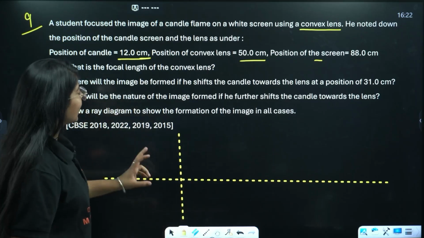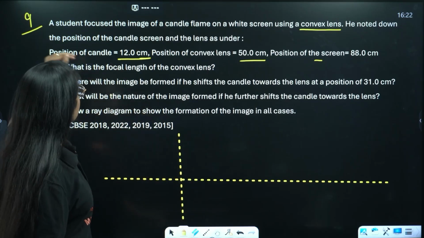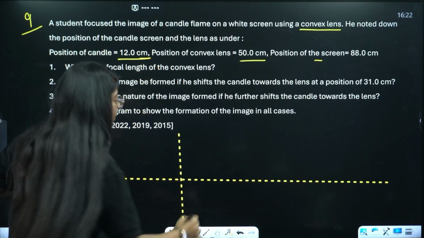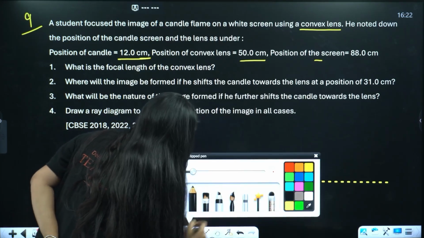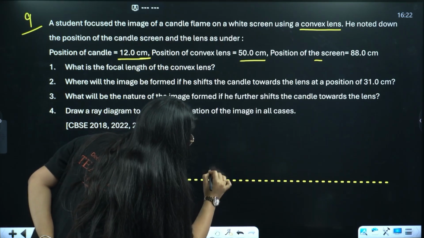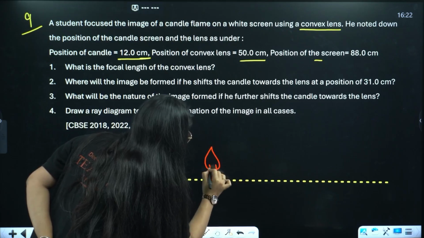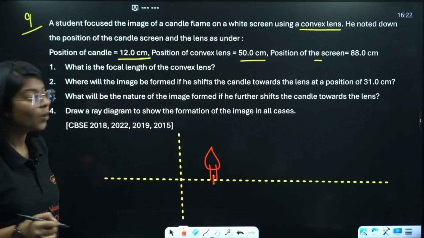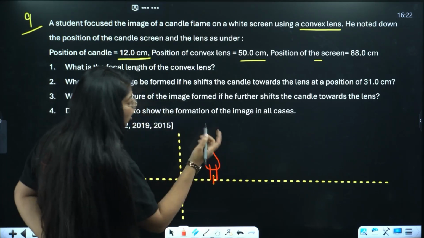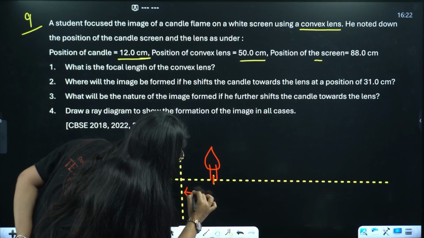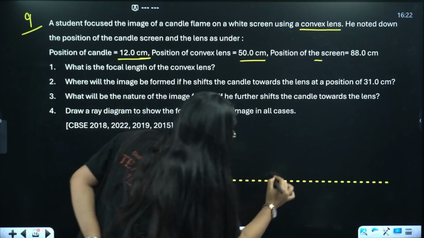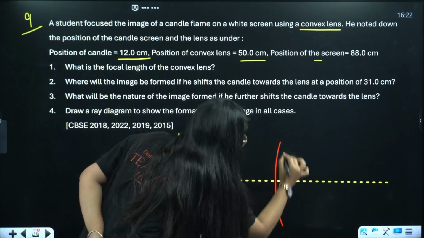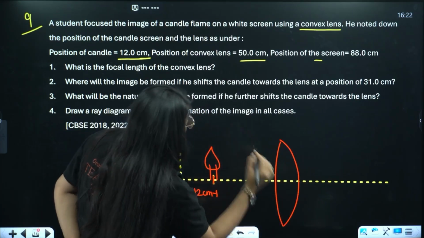So they are saying from this origin the position of candle is 12 centimeter. So somewhere here will be my candle, correct? It's a red colored candle. Then we have position of convex lens. Now the position of convex lens is 50 centimeter.